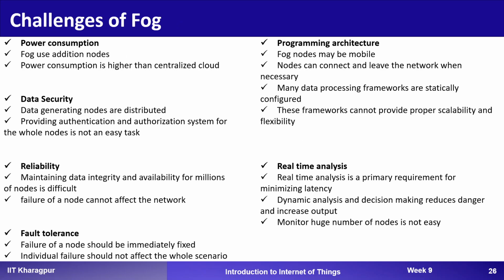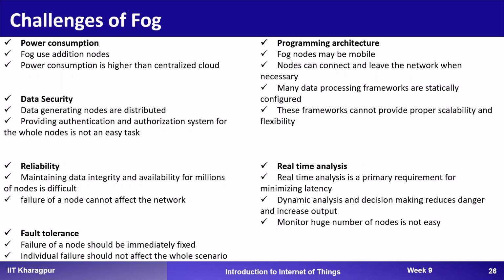Now the challenges which we face during the usage of fog computing. First one is power consumption. In fog computing, one extra layer is deployed in between your cloud and your end devices. That layer consists of various devices which require power.